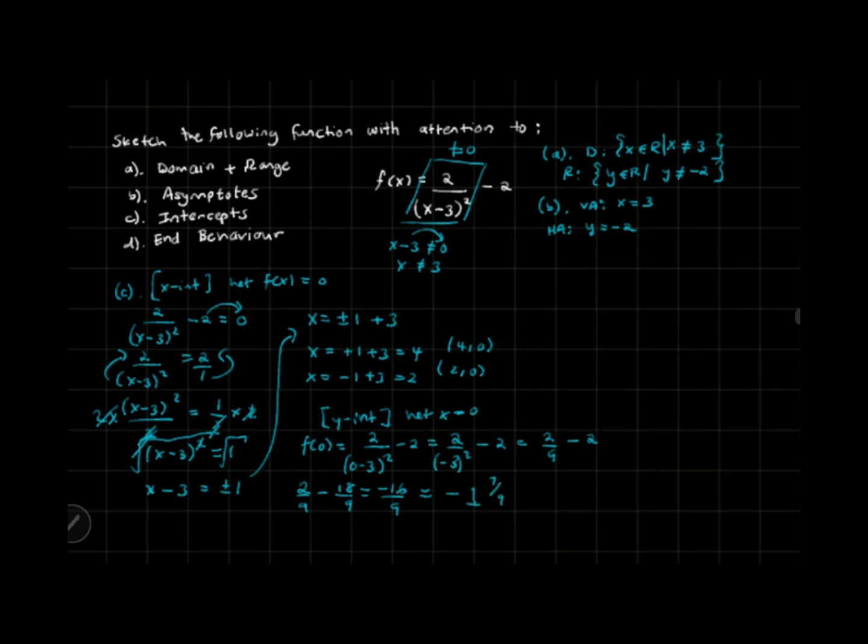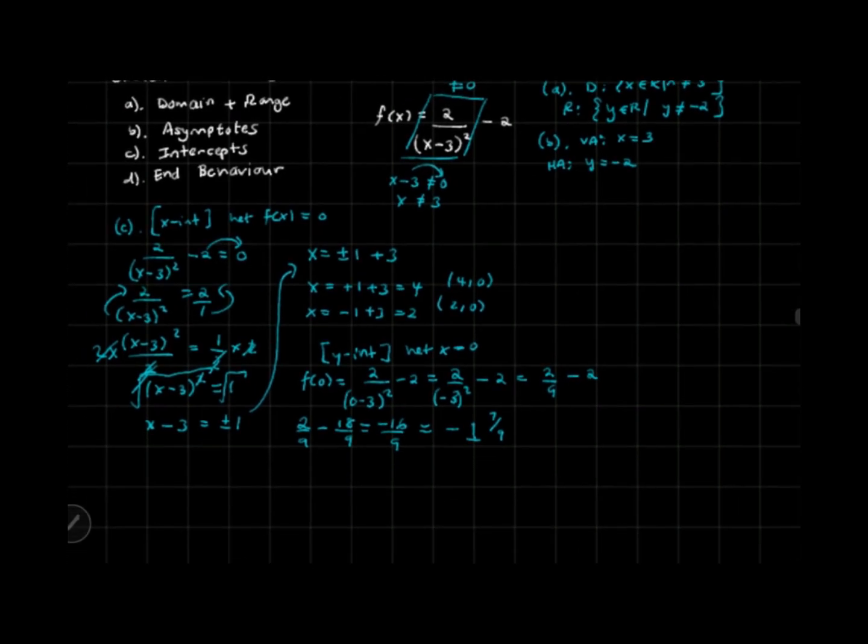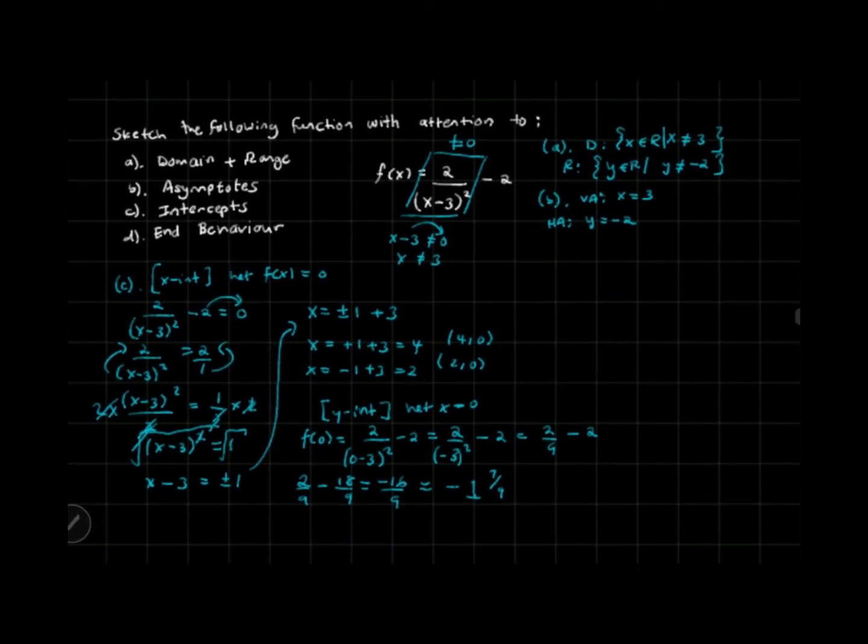And now let's create a sketch of this function. I have all the information that I need. I'm just going to create a grid system out here. Hopefully I have enough space to work with. So this is negative 2, negative 4, negative 6, this is 2, 4, 6.